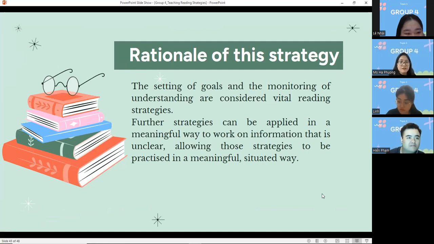So for the rationale of this strategy, the setting of goals and the monitoring of understanding are considered vital reading strategies because this strategy is like the final step when teachers want to double check the understanding and comprehension of students. Further strategies can be applied in a meaningful way to work on information that is unclear, allowing those strategies to be practiced in a meaningful and situated way.